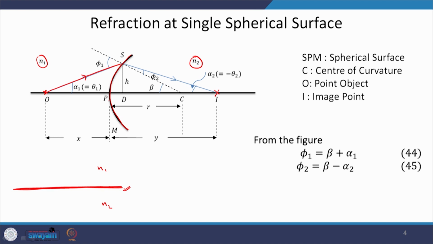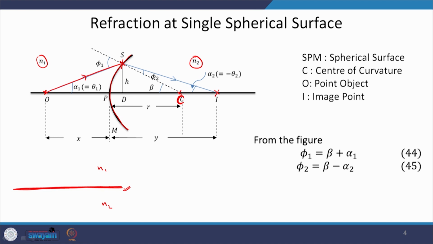Since this surface SPM is a spherical surface, it must have some center, and suppose this center is situated at point C here. Now, if we draw a perpendicular at point S, this perpendicular will pass through point C, which is the center of this spherical surface.